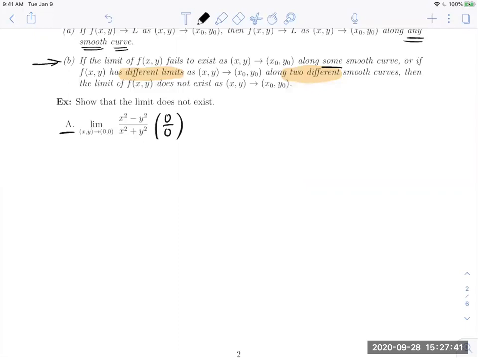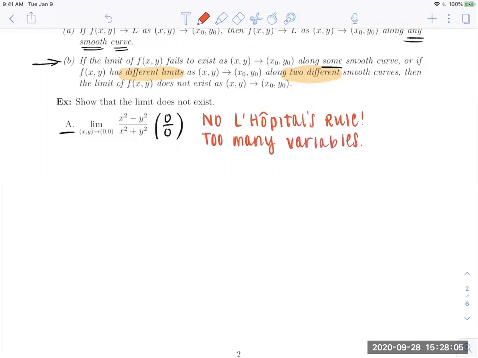So just as a note here, we can no longer apply L'Hopital's rule, and this is due to the fact that we have multiple variables involved. So while L'Hopital's rule was really glorious in Calc 1, we kind of have to throw it out the window.